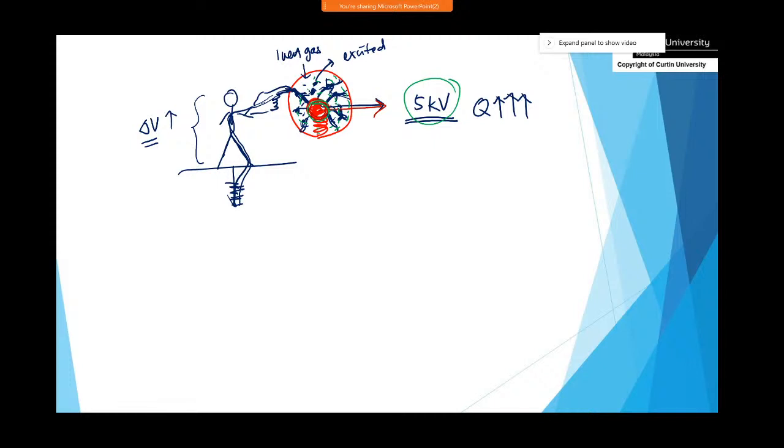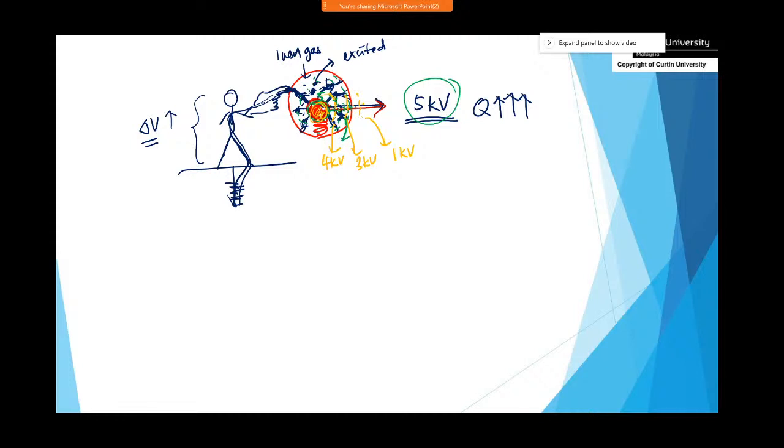This is 5 here, so when it comes to outside, let's say it will reduce to here, let's say it becomes 4 kilovolts, and here 3 kilovolts, and here let's say it's 1 kilovolt, right? So there will be electric potential surrounding a charged particle also.